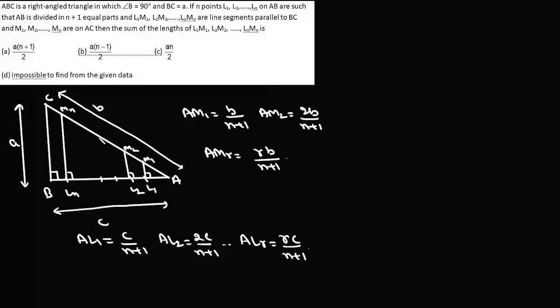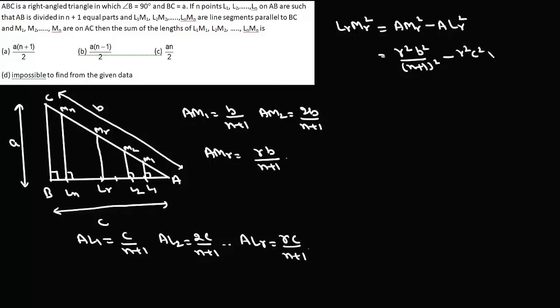Now, if we look at this line LrMr, then we can write LrMr square will be equal to AMr square minus ALr square. Now, AMr square will be r square b square upon n plus 1 square minus ALr square, which is r square c square upon n plus 1 square.